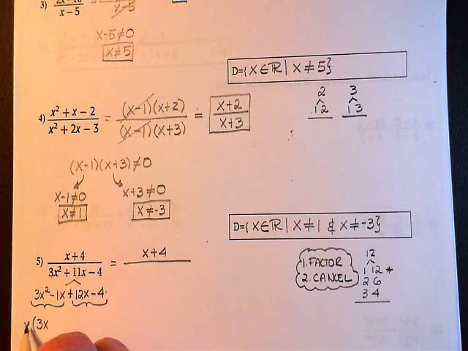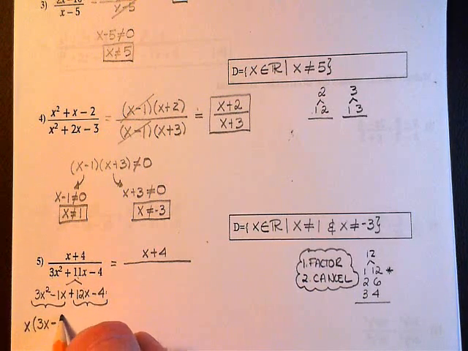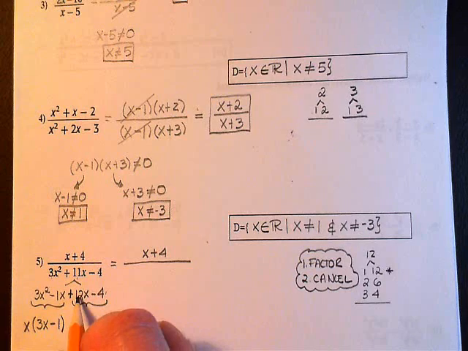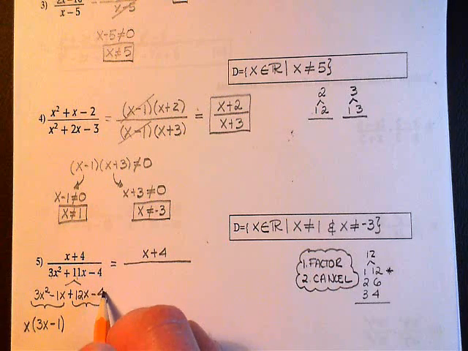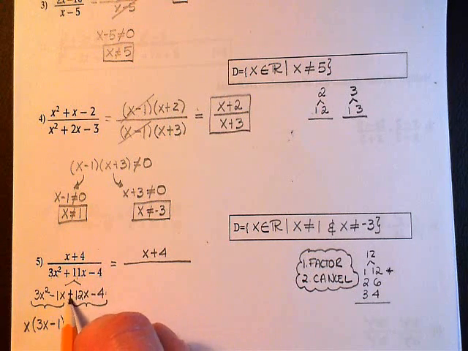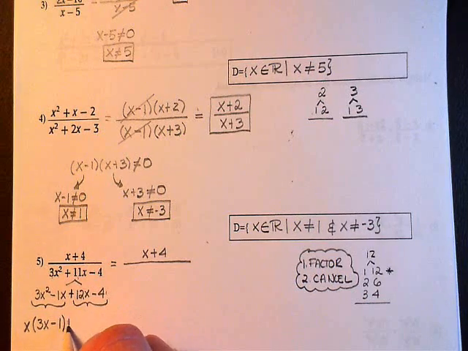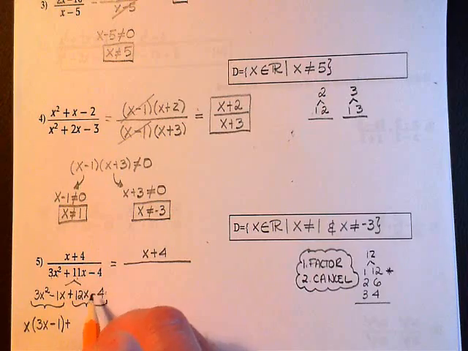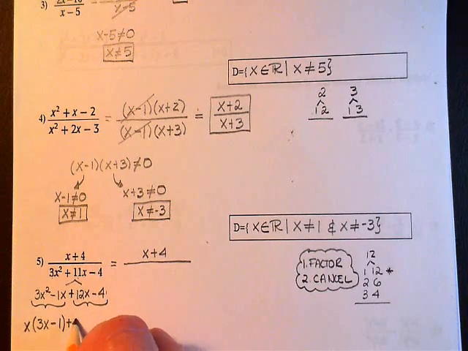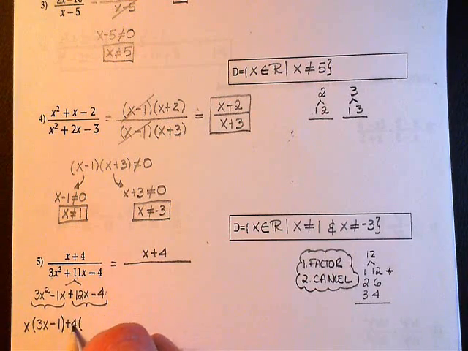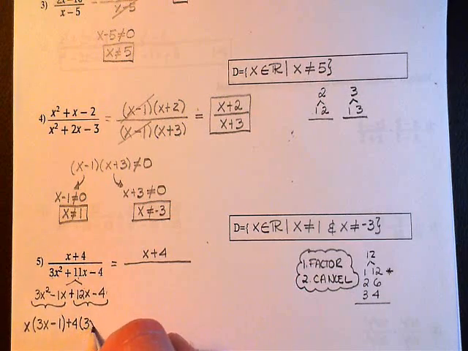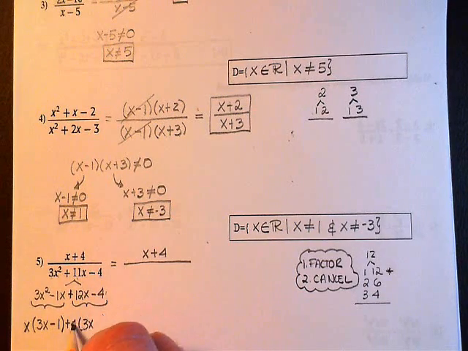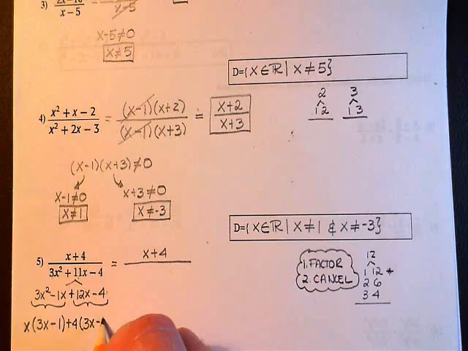Negative 1x divided by x is negative 1. Then you proceed for the next two. Look at this sign right here, it's a positive, so you bring it down, positive. What one number goes into 12 and 4? The answer is 4. 12x divided by 4 is 3x. Negative 4 divided by 4 is negative 1.